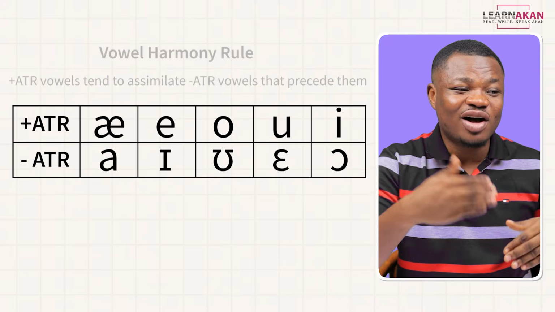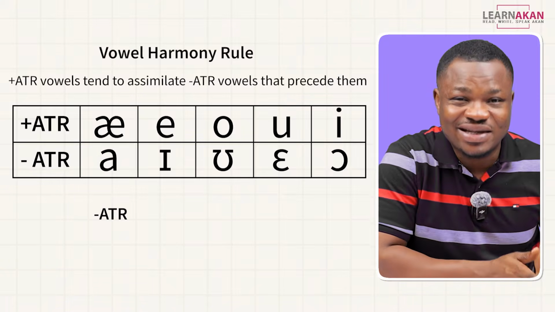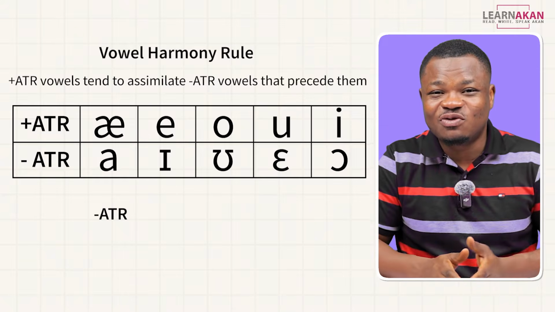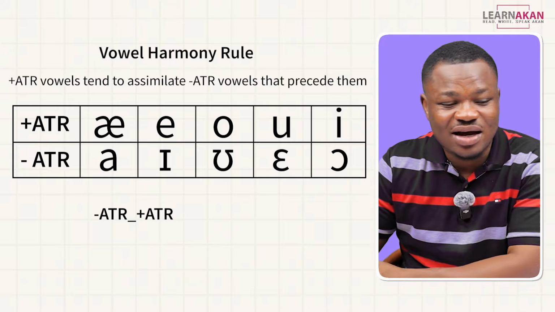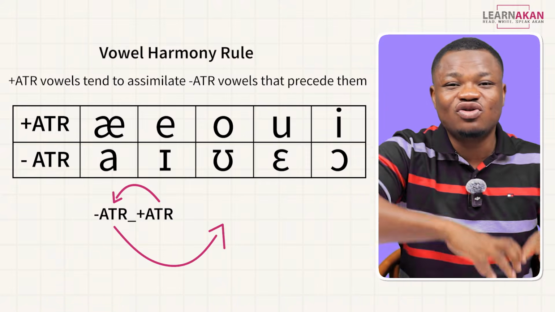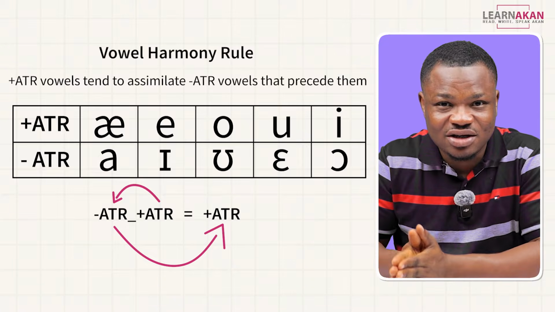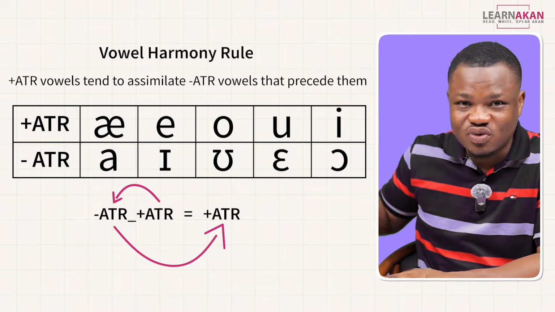So how vowel harmony does that is, if there is a minus ATR sound and it's followed by a plus ATR sound, the plus ATR sound causes the minus ATR sound to change into a plus ATR equivalent to ensure that there is harmony. Okay, so you see these 2 sets.